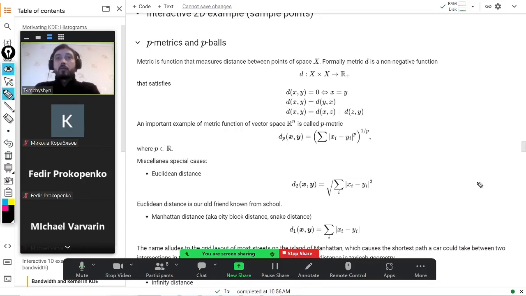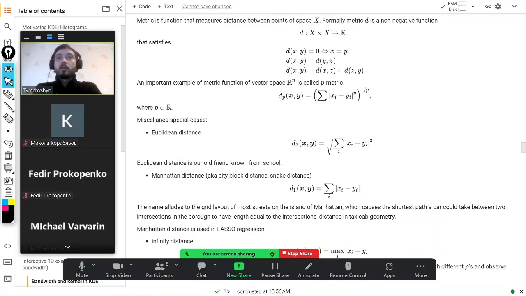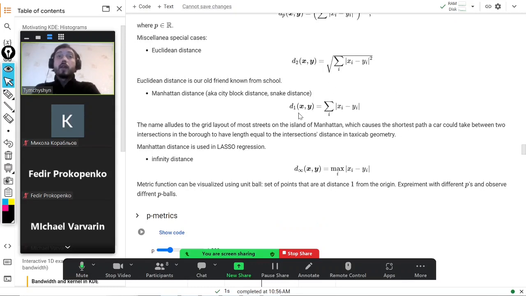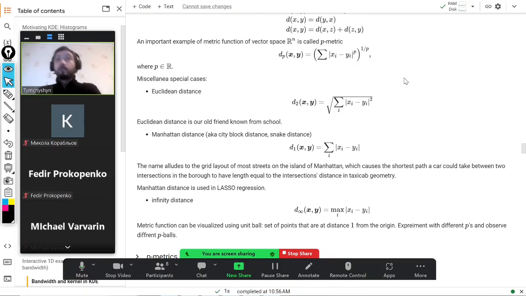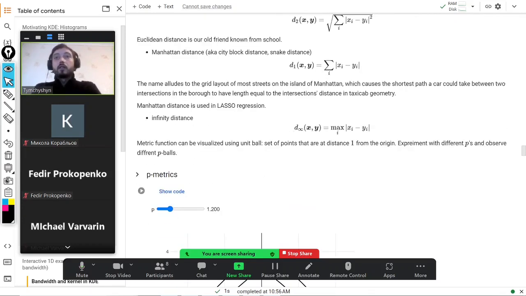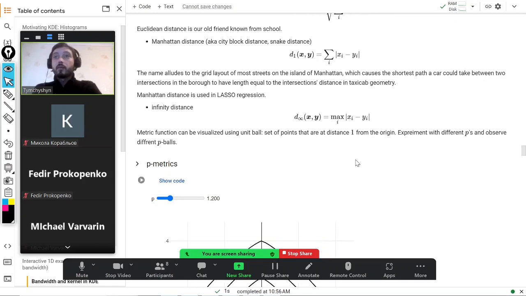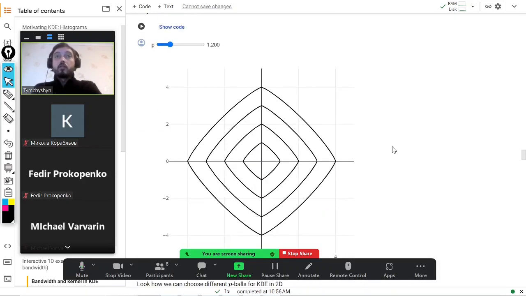So here is an example of distance in a metric space called the P metric that you may want to use when considering different problems. In case of p equals 2, you have Euclidean distance. In case of p equals 1, you have the so-called Manhattan distance or city block distance. And when this parameter p goes to infinity, you get the so-called d infinity or infinity distance that looks like this. Now I want to show you some pictures to get a better grasp of these distances.